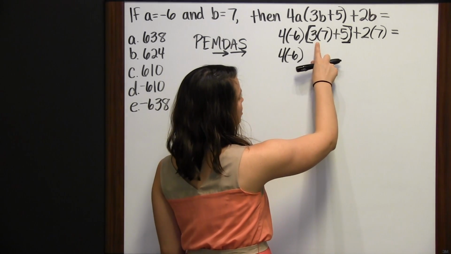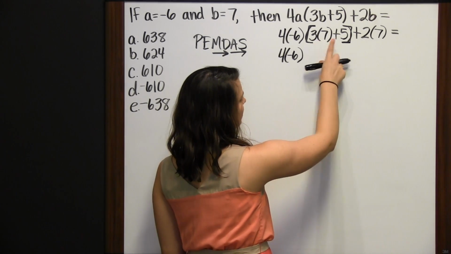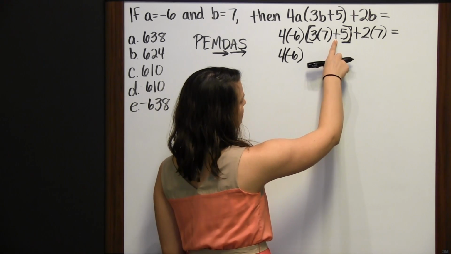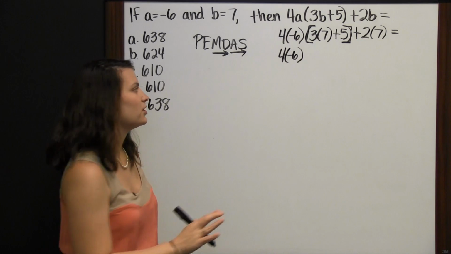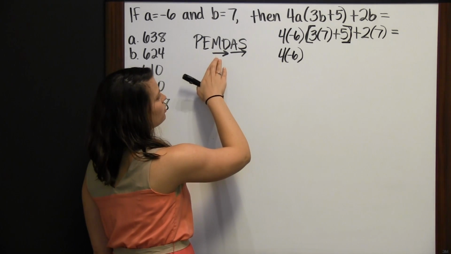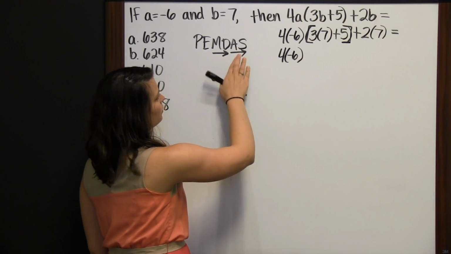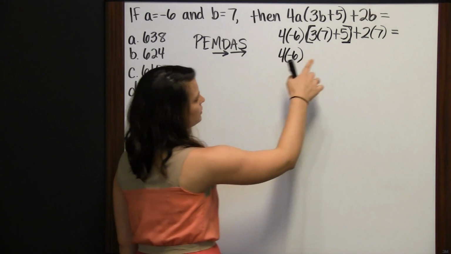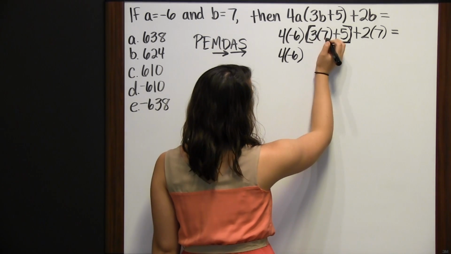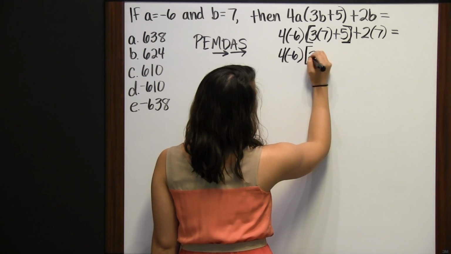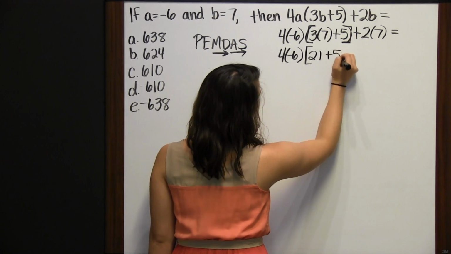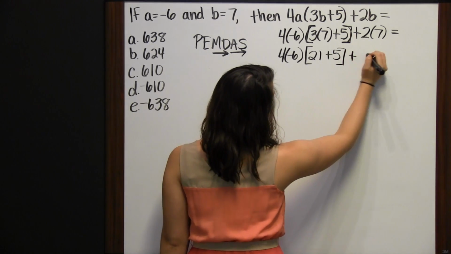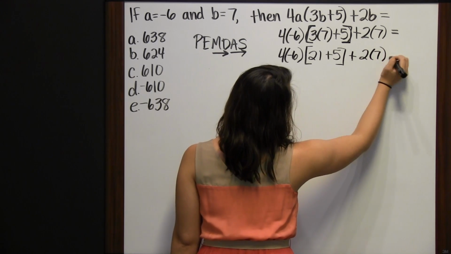I have multiplication, 3 times 7, and addition, plus 5. So if we refer back to PEMDAS, we need to do our multiplication before we do our addition. So I'm going to start by multiplying 3 times 7, which is 21. And I'll bring down plus 5, plus 2 times 7.